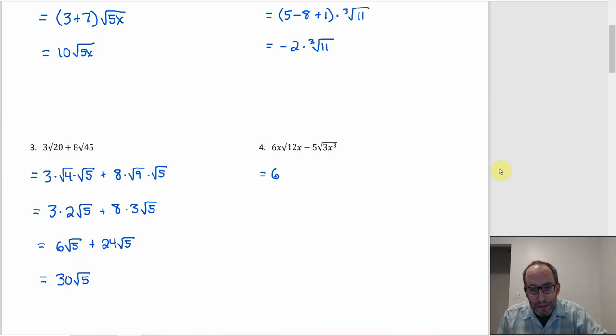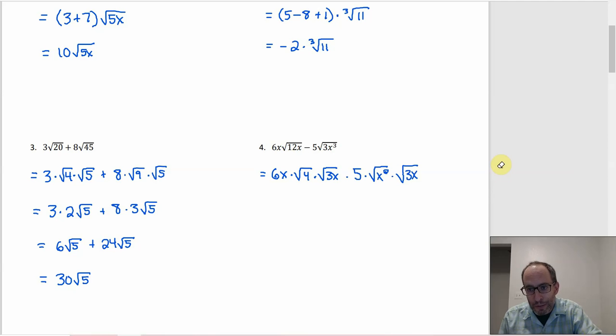So we can say this is 6x times the square root of 4 times the square root of 3x. And then with the 3x cubed, well, x squared is a perfect square. Right, so we can say, well, we could write this as 5 times, and I'm going to move that up front because this is where I'm going to put it once it's simplified. So square root of x squared times the square root of 3x.